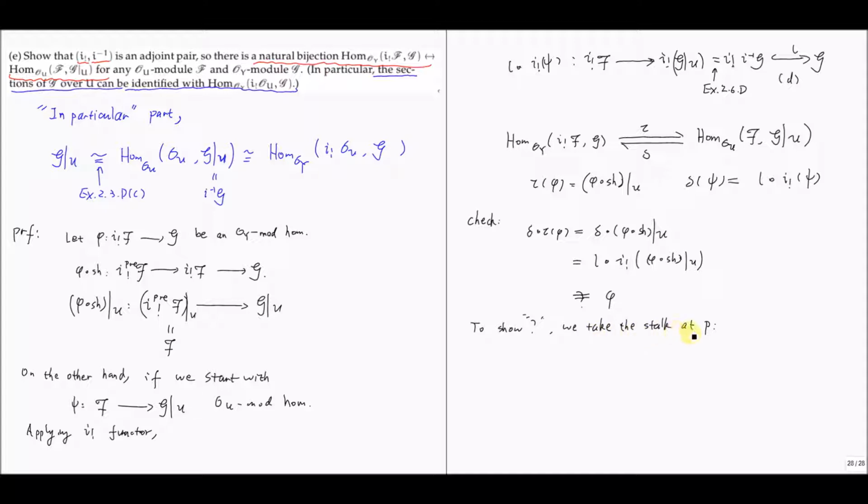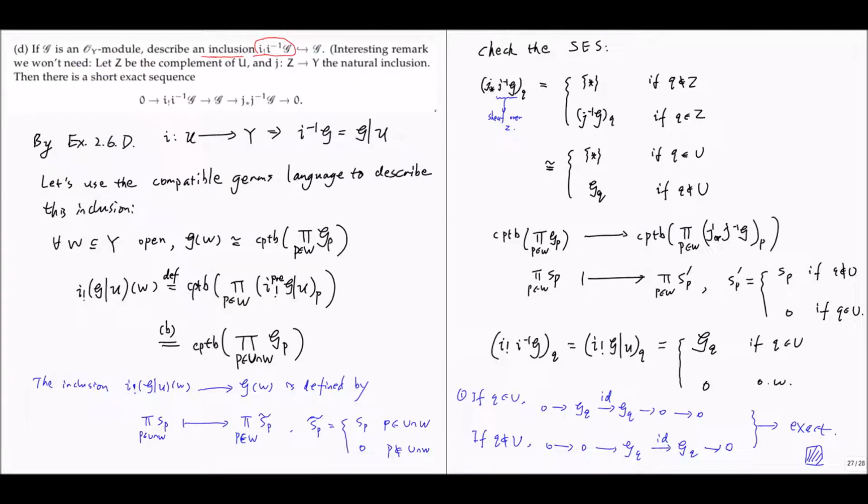When taking the stalk, there will be two cases. If P is in U, then iota sub P, the induced stalk map of iota, will be equal to the identity at G sub P. This is basically by the part D, the inclusion map we constructed. When Q is in U, the stalk of this guy at Q will be G of Q, and the induced map between stalks will be the identity.